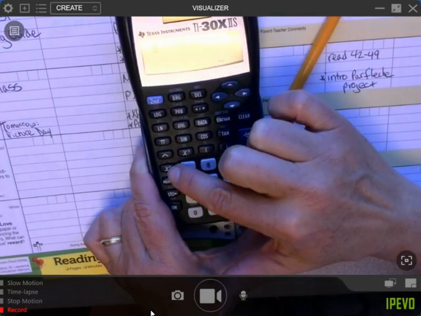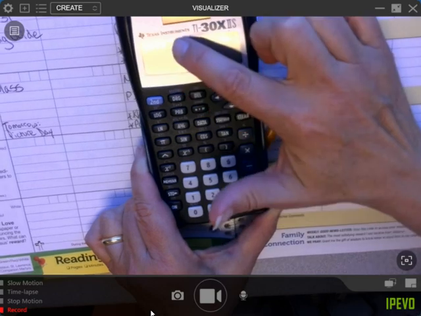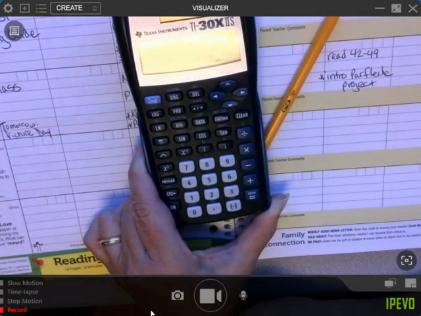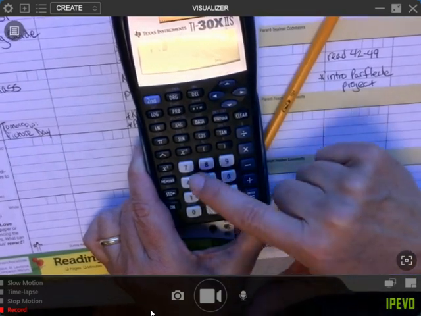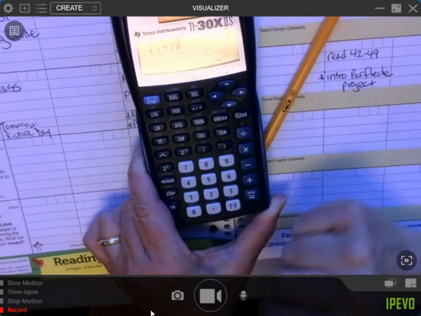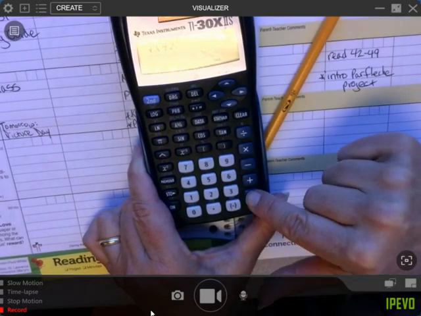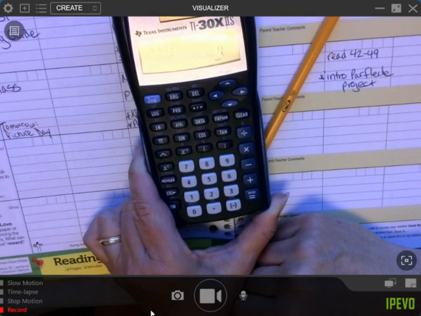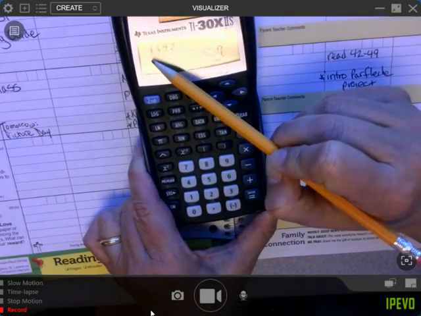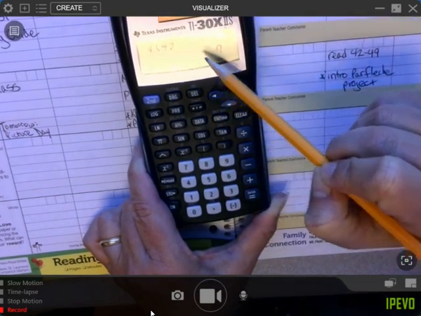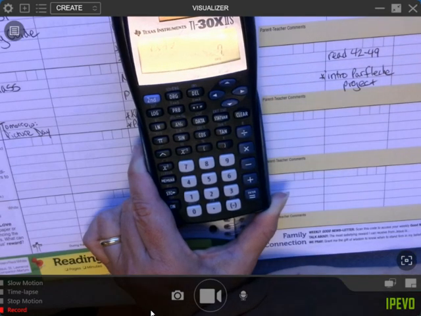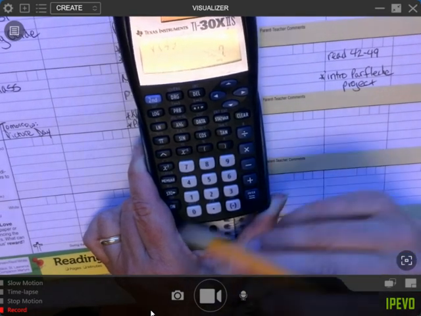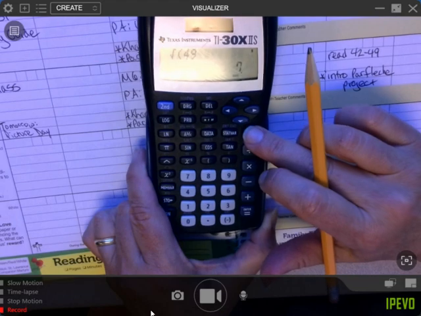Then we press that square button, and you see we get the little square root symbol. We put in what our number is, and then we hit equals. So what we're telling our calculator to do is to find the square root of 49, and it's telling me it's 7. So let's do a bigger number.